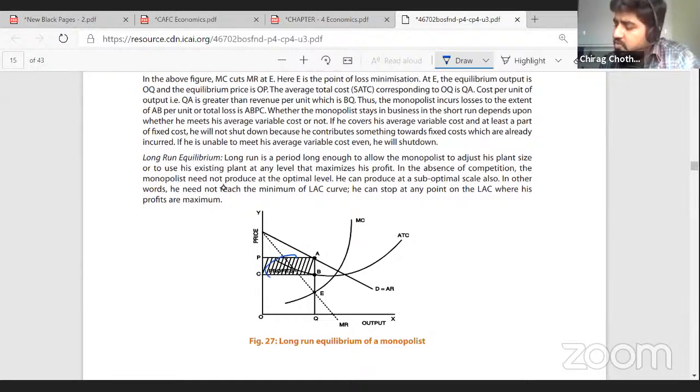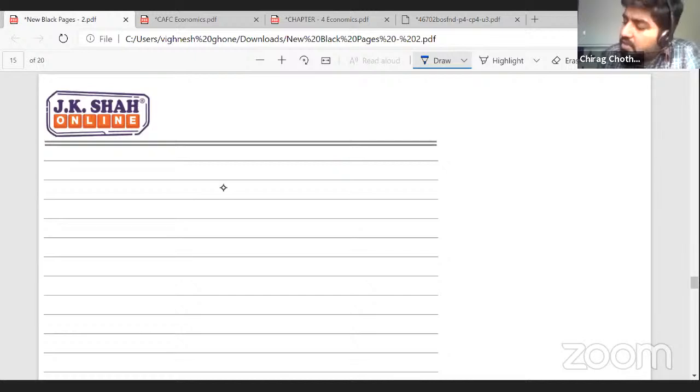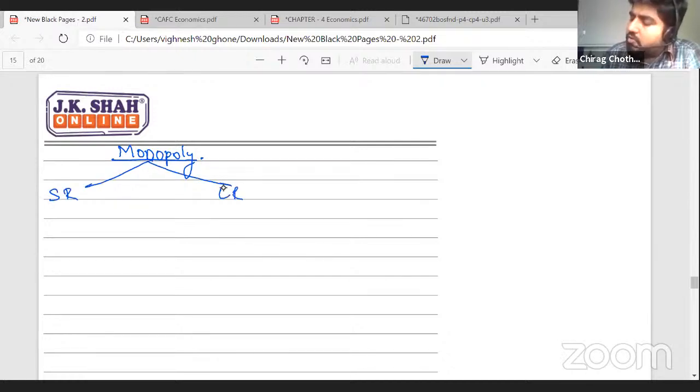You will always tend to earn more and more, that is supernormal profit. So moral of the story is, in case of monopoly, in short run we can earn either supernormal profit or loss, and in long run we can have supernormal profit. Correct?